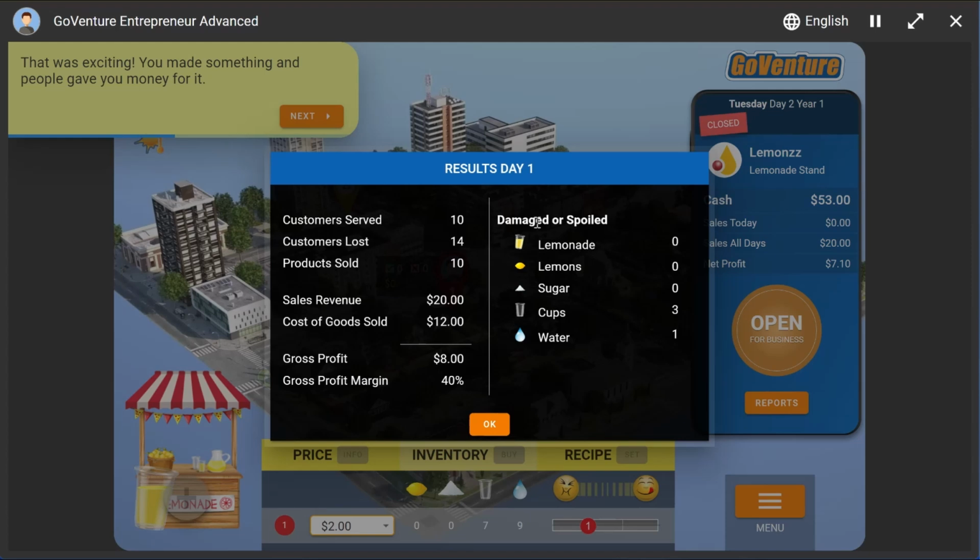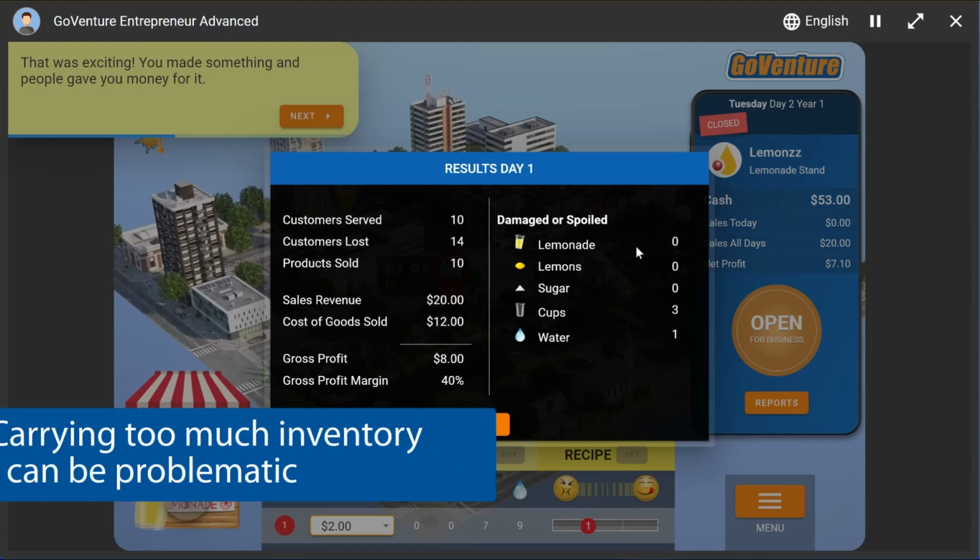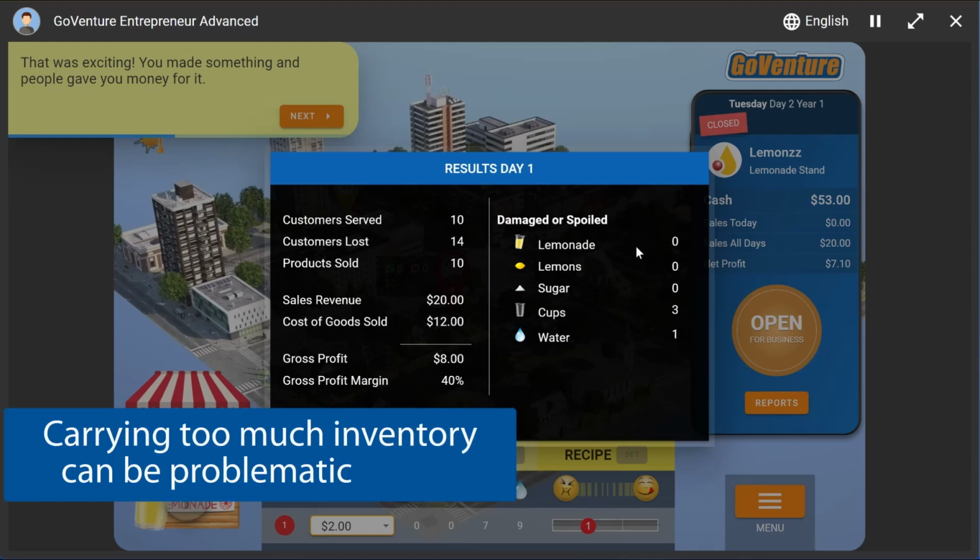Now, we'll also notice here that we have some damaged or spoiled goods. What this is trying to teach us is that if we order too much inventory, like, let's say we ran out of inventory here, let's make sure that does not happen again. So let's buy as much inventory as possible so it never happens again. Well, you can't necessarily do that in the real world of business for a couple of reasons. Reason number one is it uses up your working capital, your cash.